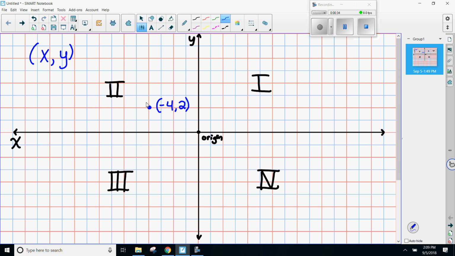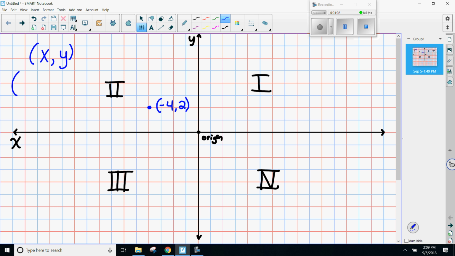The x value is going to be your distance from this vertical axis, how far to the right or how far to the left. And then the y value is how far you are from the horizontal line. Those also have other names though. If you look at it, it says the first is called the x-coordinate or abscissa.